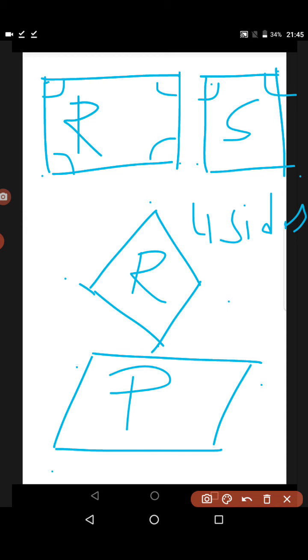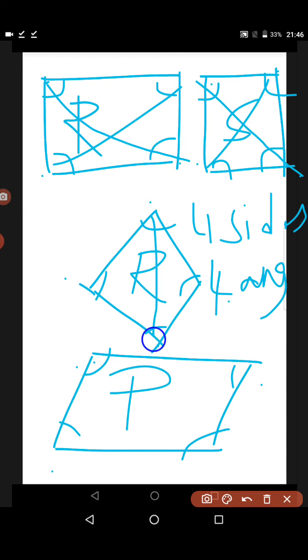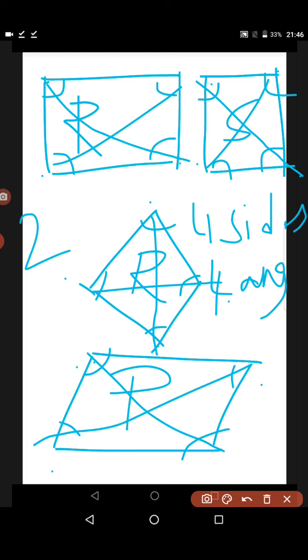See, 4 angles. And finally, you might know what this is: this is a diagonal. In every figure, how many diagonals are we getting? That we need to look at first. In every figure we are getting 2 diagonals.